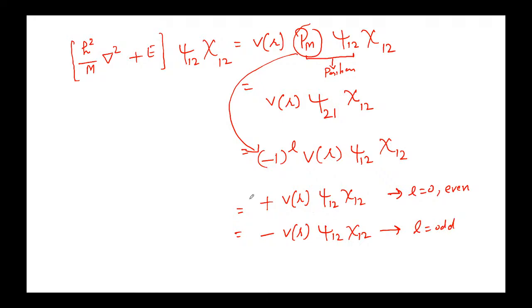So the NP interaction potential is attractive for s orbital, because we all know the value of L is 0 for s orbital.